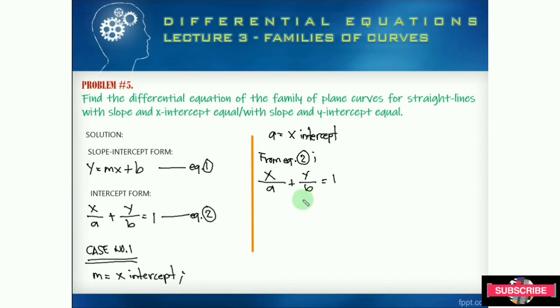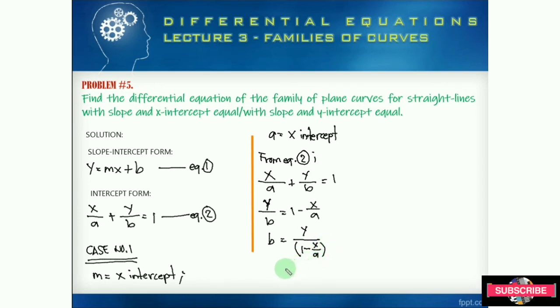Okay, so from here we are only after this b, so we will have y over b is equal to 1 minus x over a, or simply b is equal to, we cross multiply, y over 1 minus x over a.